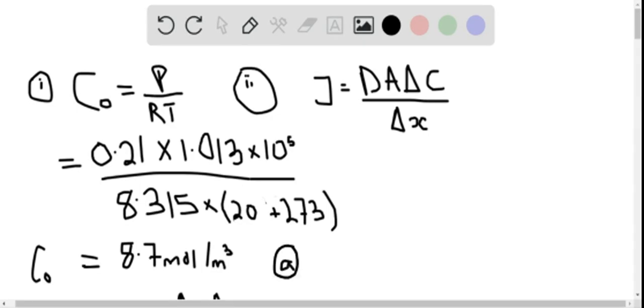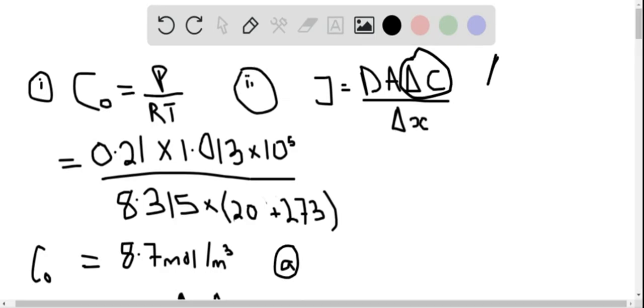And now, since we've been given the value of the concentration, we can go on to find the expression for the change of concentration in order to calculate the diffusion rate. Since we've not been given the change of concentration, we can find it.